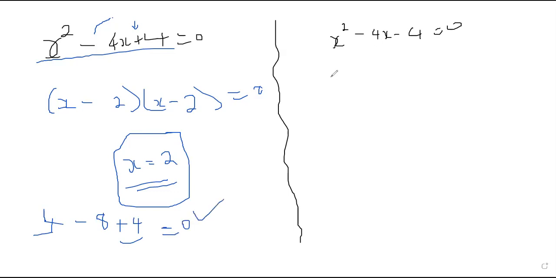With this one, obviously you don't have common factors, and it's not a difference of two squares, right? And then you would have x and x. The signs are not the same, so it's positive and negative. The factors of 4 that would give you the middle term, which is negative 4, we realize that is not possible because the factors of 4 are 2 and 2, and 4 and 1.